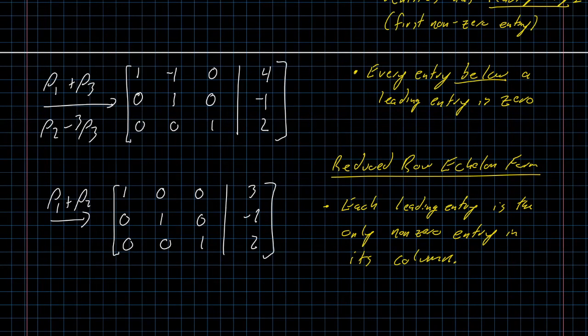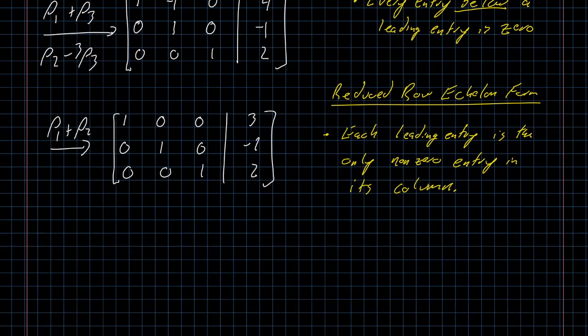Reduced row echelon form asks us to keep going until we get to the point that each leading entry is the only non-zero entry in the column. And reduced row echelon form is amazing when it comes to trying to solve a system of equations. Because now that we have done this, look at what happens when we back substitute, or when we translate this back from a matrix to a system of equations.